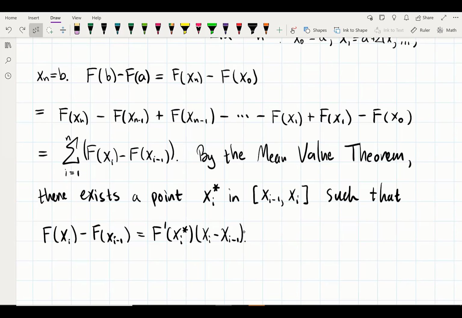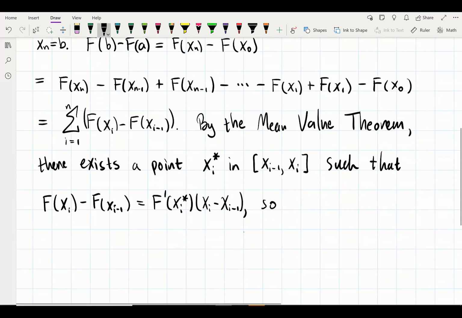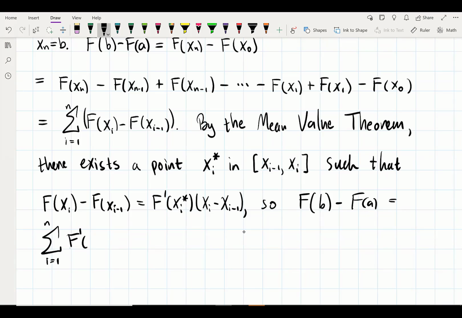That's just the application of the mean value theorem. So applying that to what we already have, I'm going to replace this term right here with what I just found it to be from the mean value theorem. That gives me F of b minus F of a equals the sum from i equals 1 to n of F prime of x sub i star times x sub i minus x sub i minus 1.